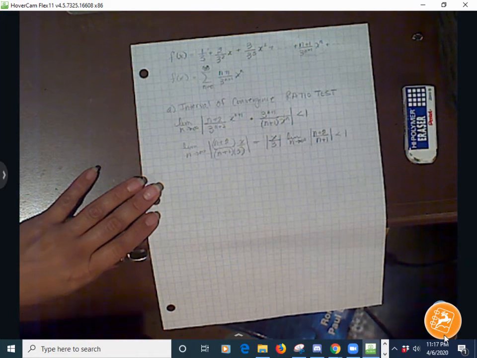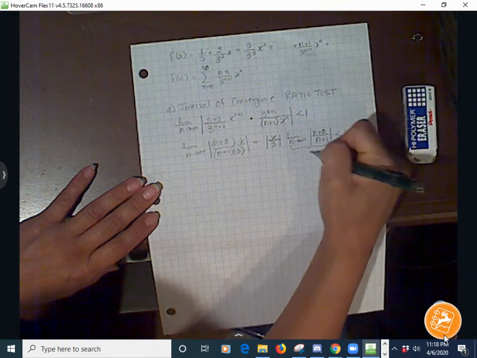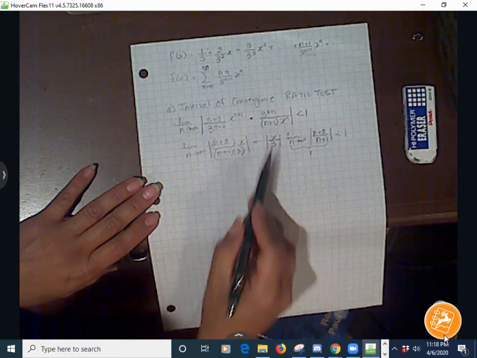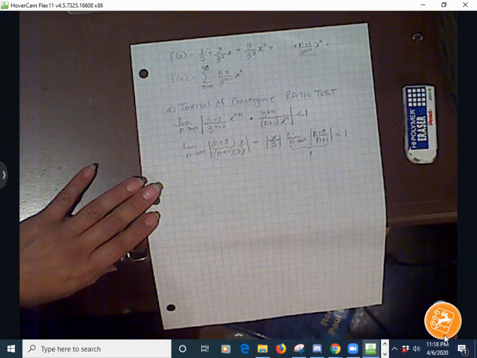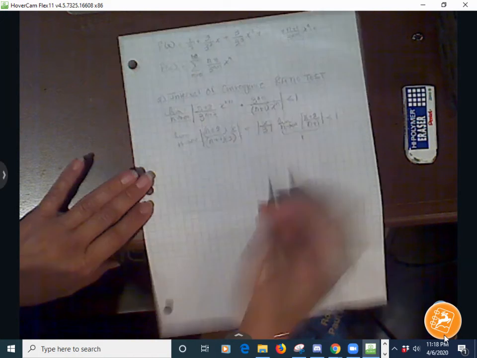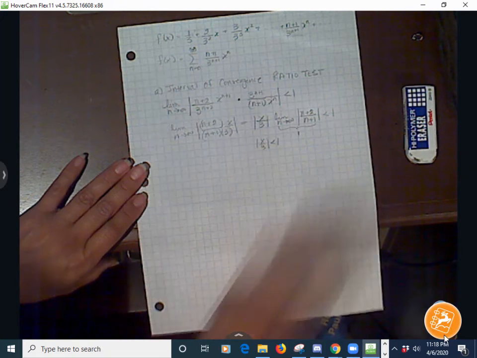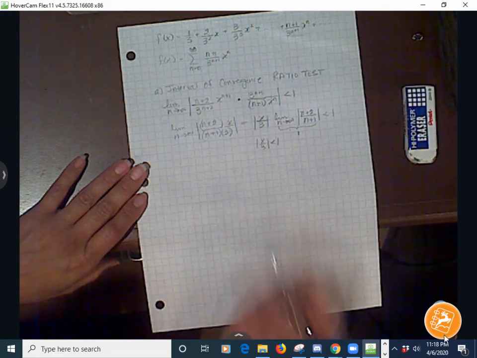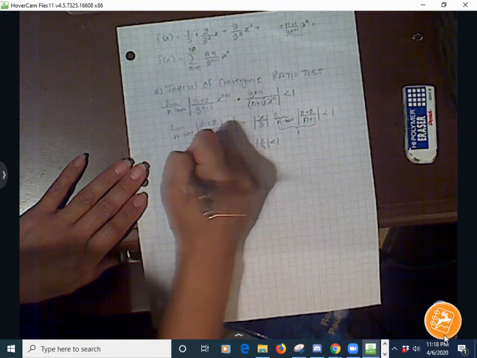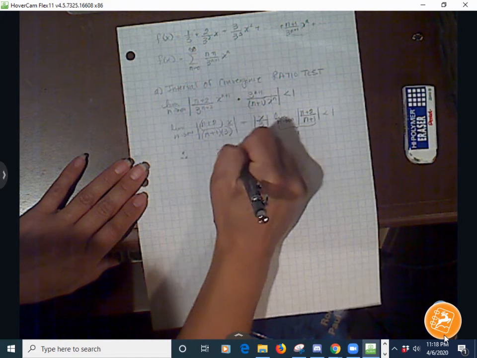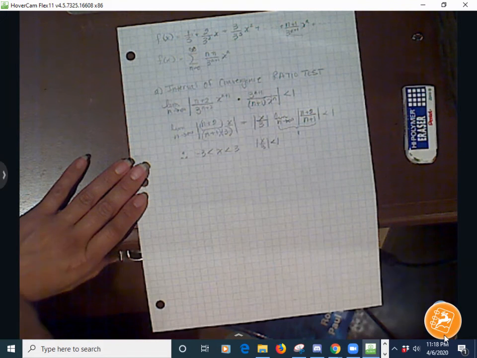Okay? And we know that this limit is going to go to 1. So x over 3 times 1 is x over 3, absolute value that is. So that means absolute value of x over 3 must be less than 1. So what does that mean for x? Therefore, x must be less than 3 and greater than negative 3.